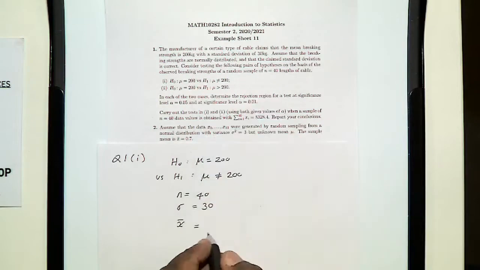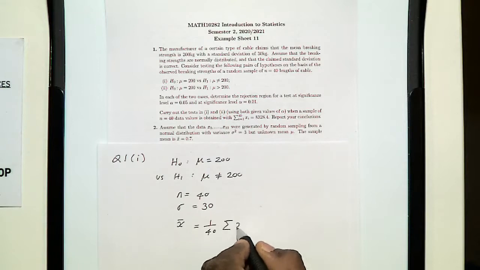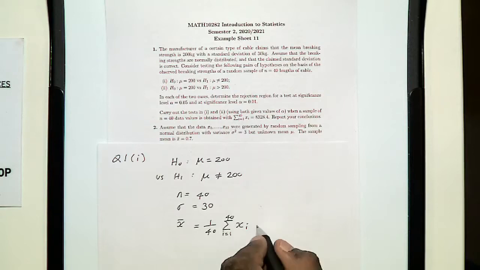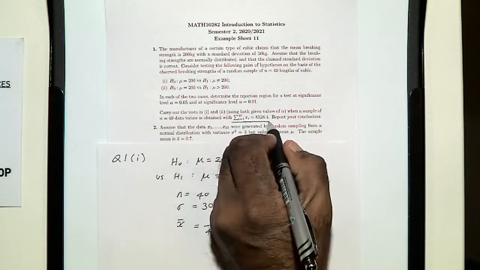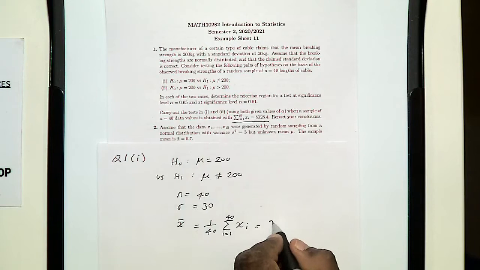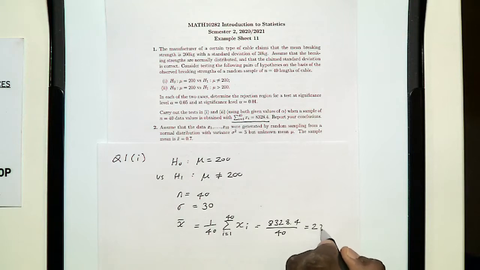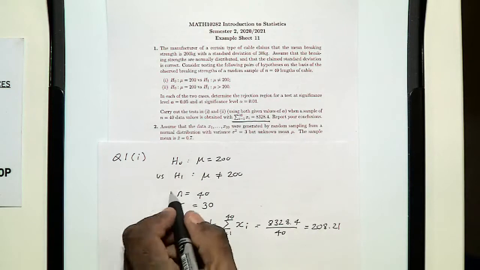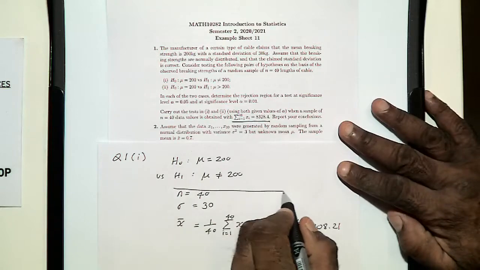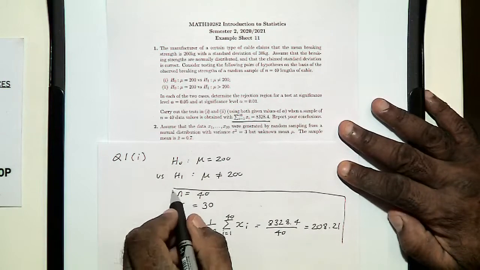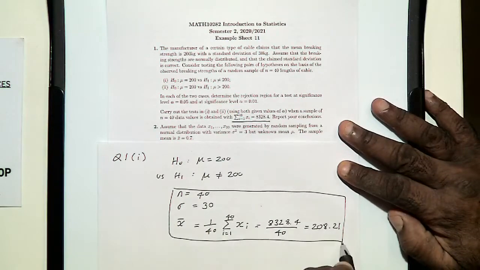The sample mean is 1 over 40 times the sum of xi, i from 1 to 40, which is the sum of xi given here, 8.4 divided by 40, which is equal to 208.21. So this is all the stuff that we know about the question.